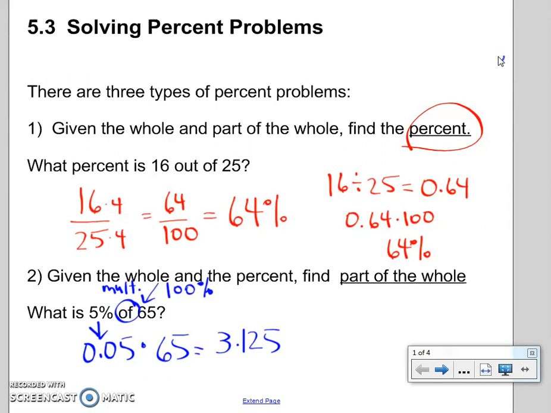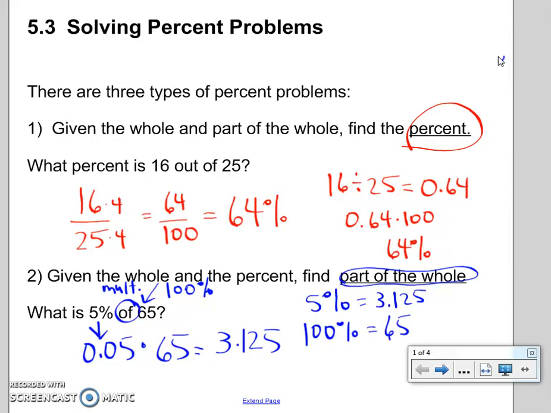So in this scenario, 5% is 3.125. 100% is 65. So we were asked to find part of the whole, and it gave us 65 as the whole. The next question we're going to do is going to ask us to look at finding the actual whole, and that's the part that's new for us.